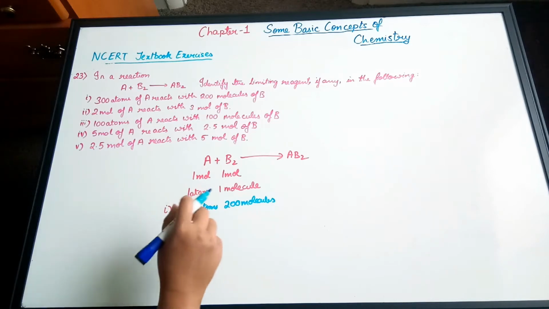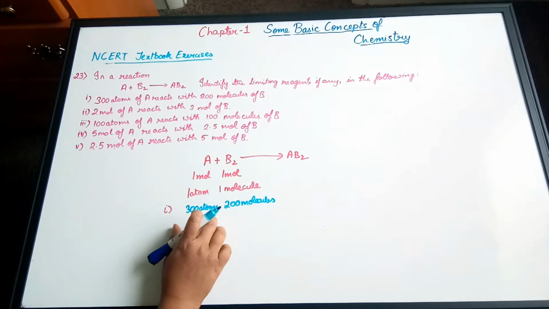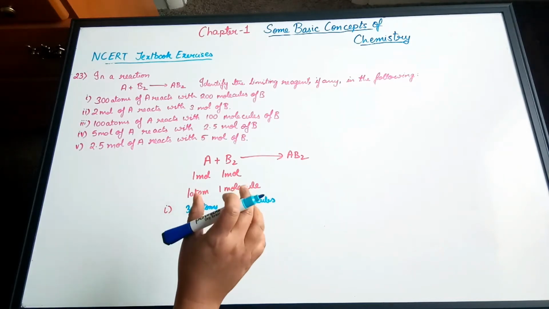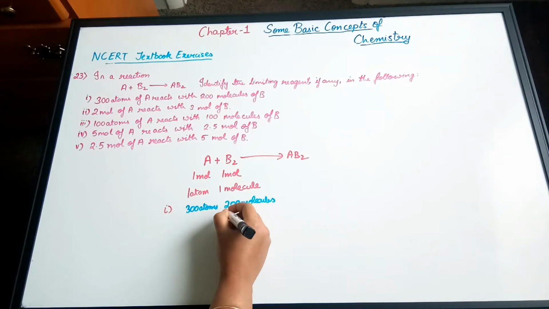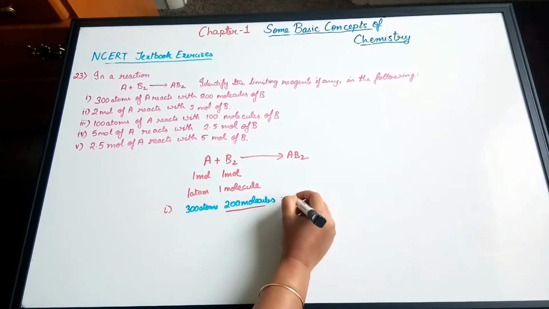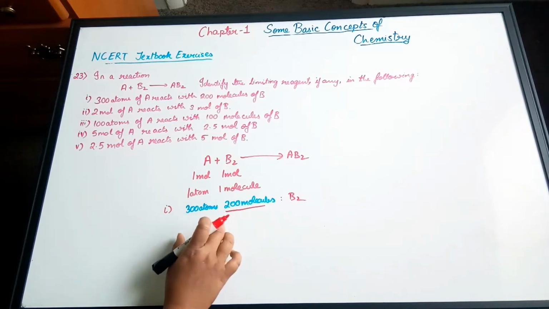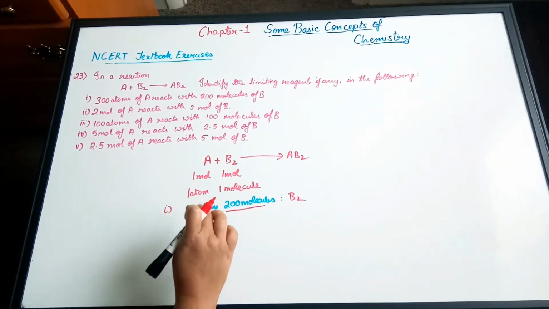So if 200 molecules are present, then only 200 atoms will undergo a chemical reaction. So B2 is completely undergoing a chemical reaction. Because of that, B2 is the limiting reagent, because here 200 molecules completely will get consumed and you'll still have 100 atoms of A remaining.